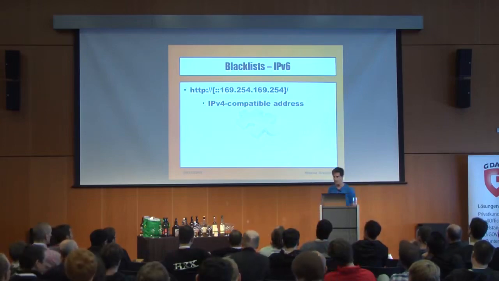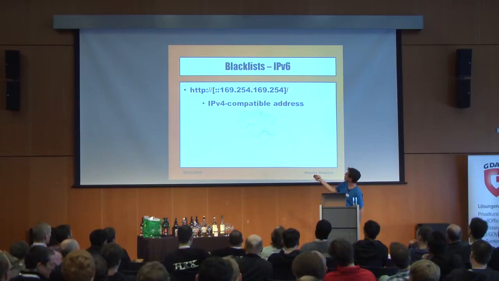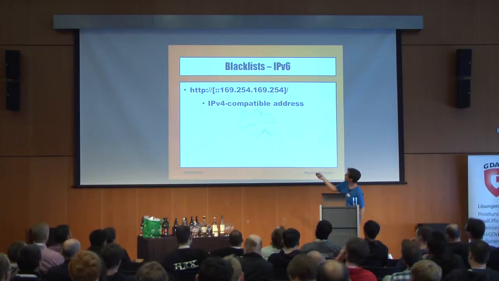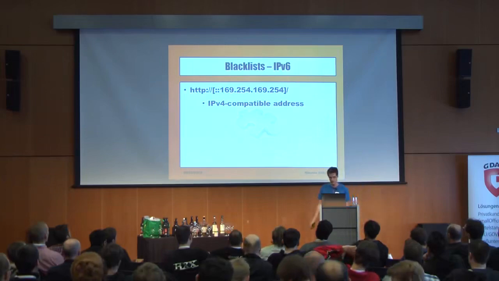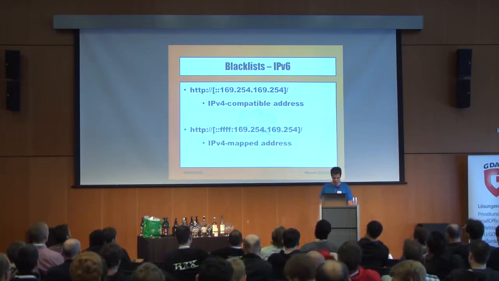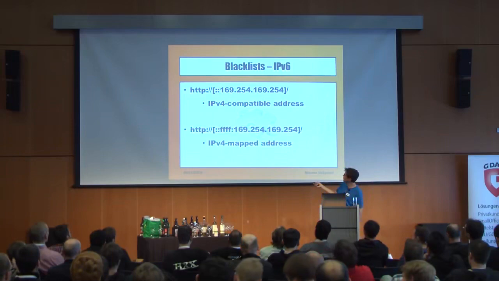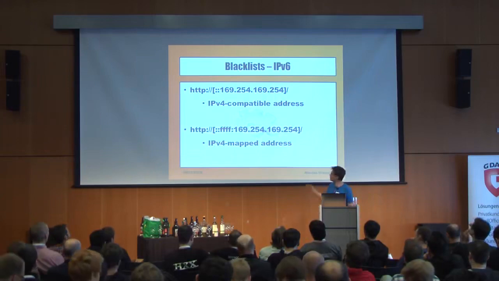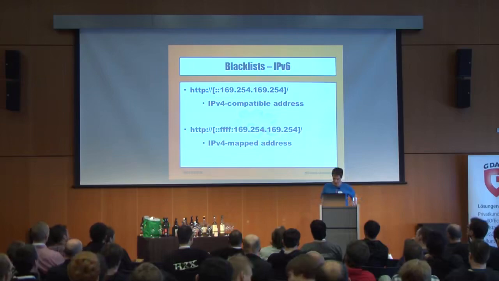You have a specific format, square brackets for the IPv6 address, and you can just prefix with 2 colons, and this is what is called an IPv4-compatible IPv6 address. Or you can put 2 colons and then ffff and 1 other colon, and this is an IPv4-mapped address. It's not very common, but why not try? If it works one time per year, it's enough.